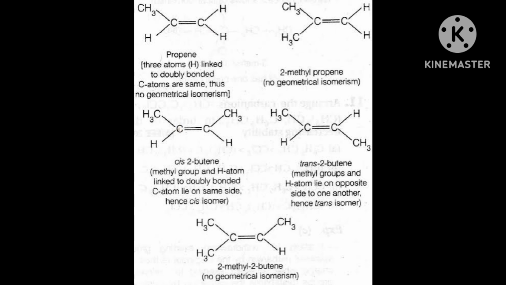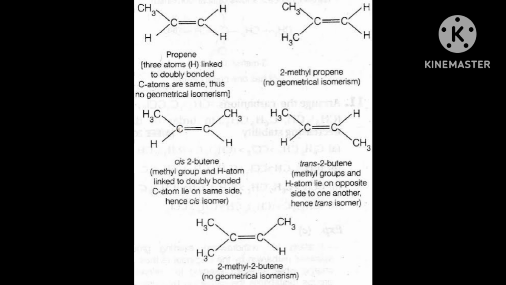This is an important question asked in examinations. Cis form of alkene is found to be more polar, meaning a little charge will be there, more polar than the trans form. Okay.